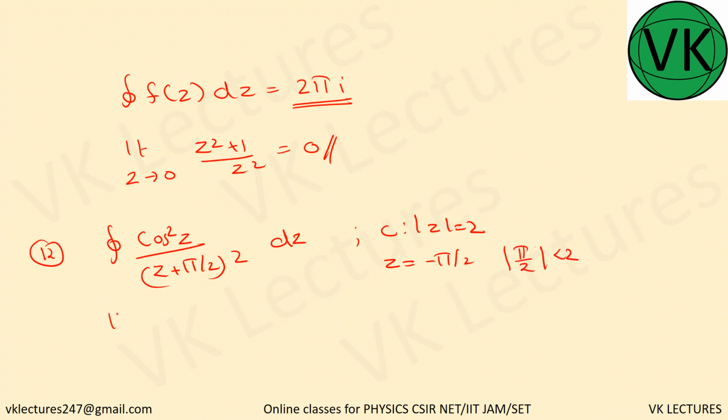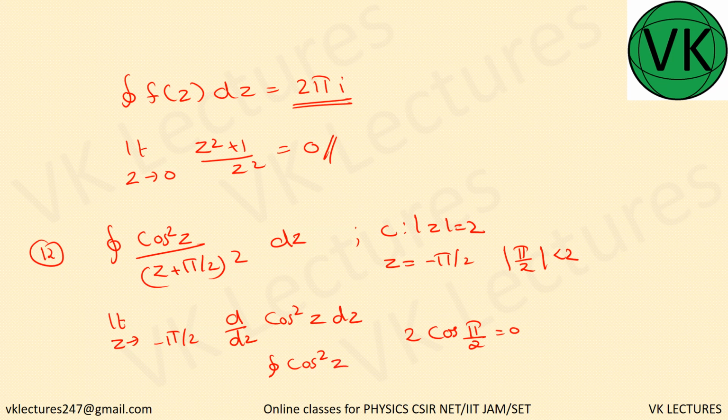So the limit as z tends to minus pi by 2 of d by dz of cos square z, that means 2 cos pi by 2, is equal to 0. So the closed integral of cos square z is equal to 0.